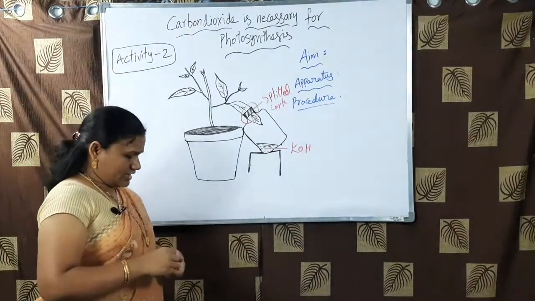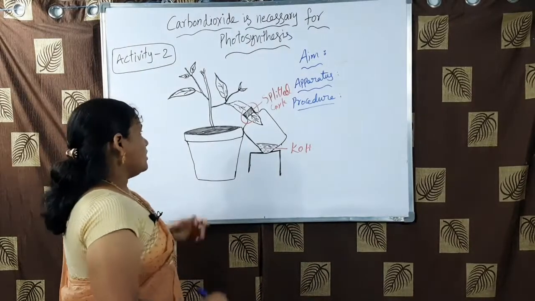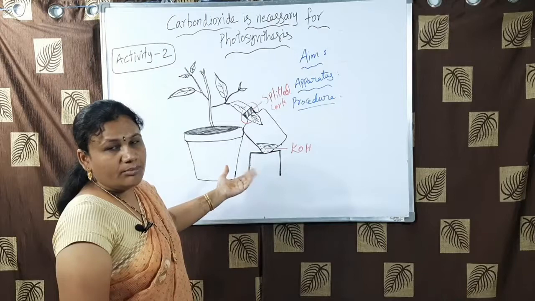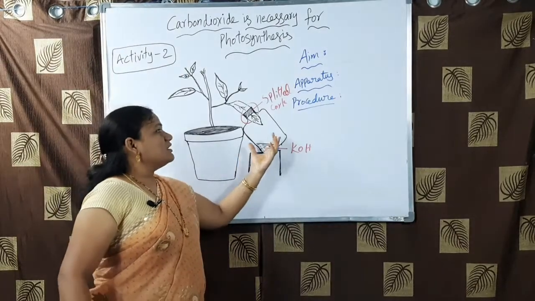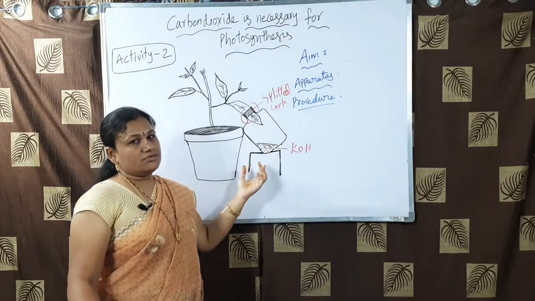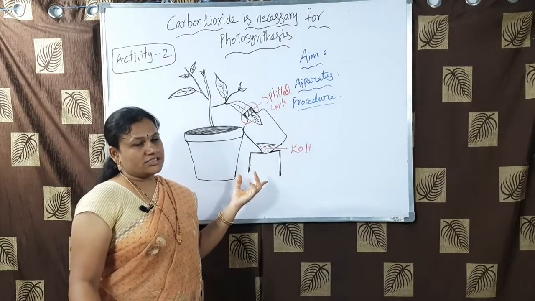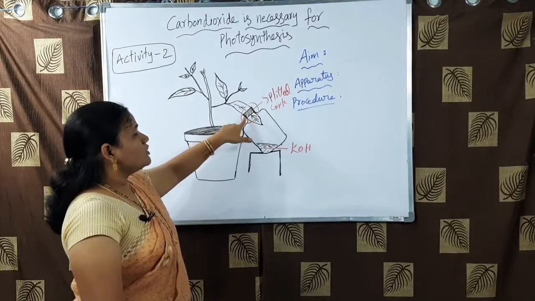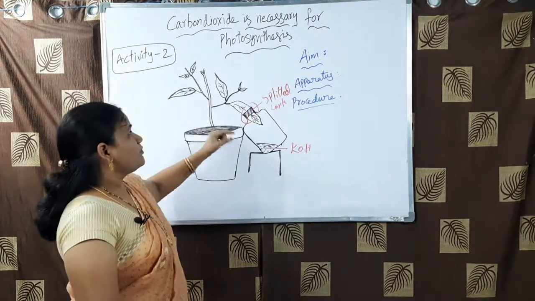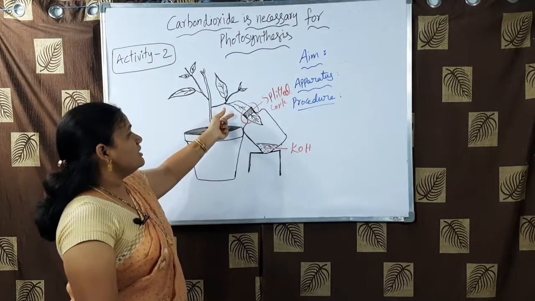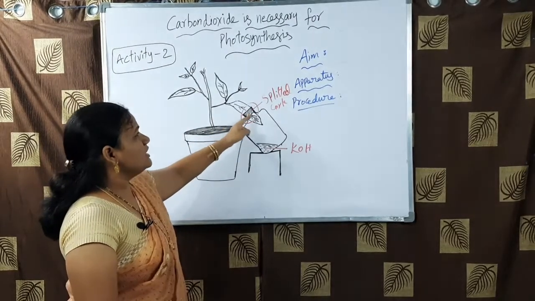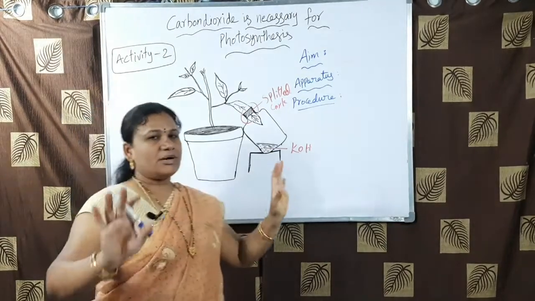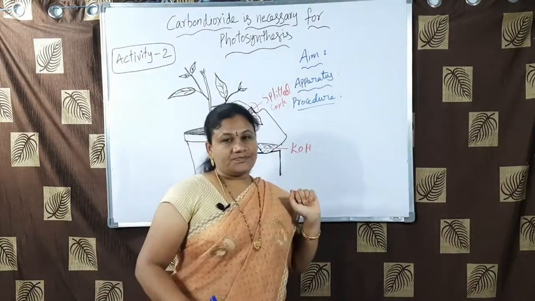For example, take a destarched potted plant with broad leaves, take a wide-mouthed glass bottle which contains potassium hydroxide solution or pellets, close the mouth of the bottle with a split cork, select a broad leaf, and insert the leaf into the bottle through the split cork. Keep this entire setup under sunlight. This complete matter comes under procedure.